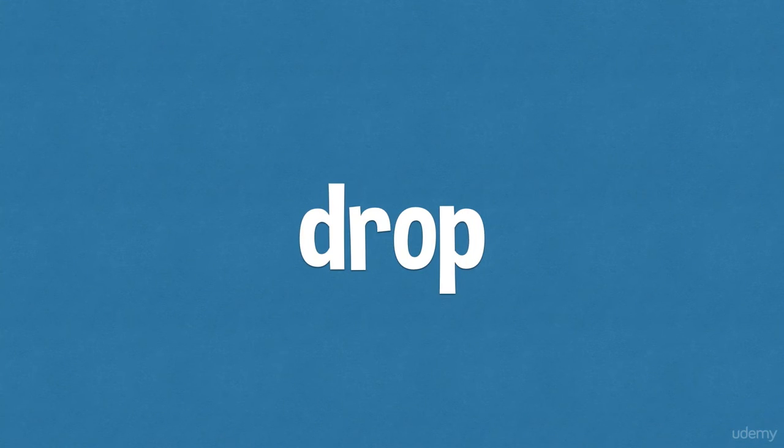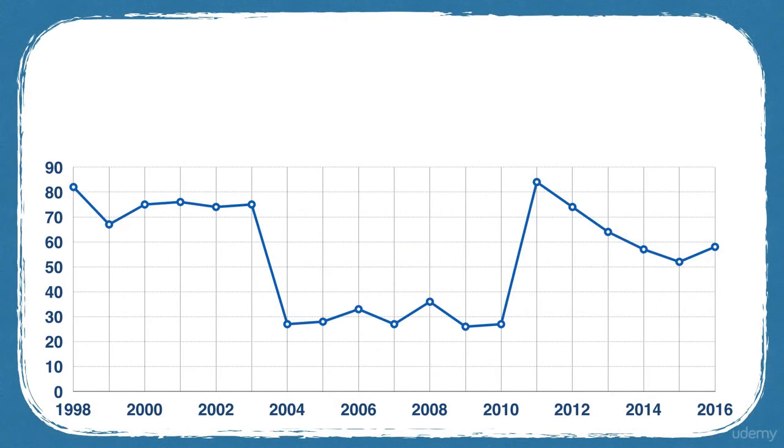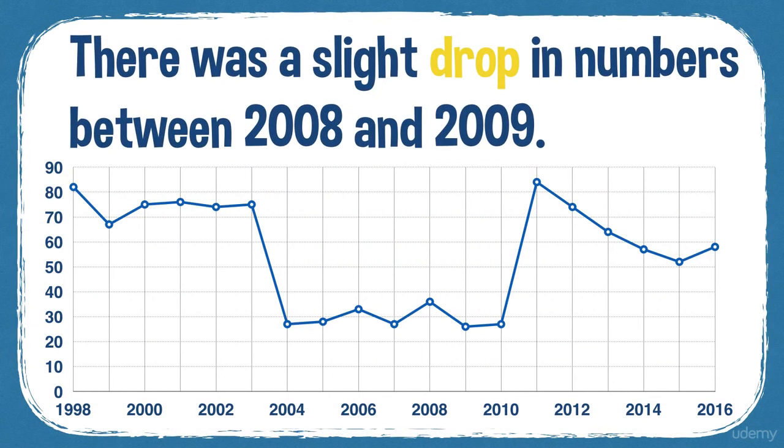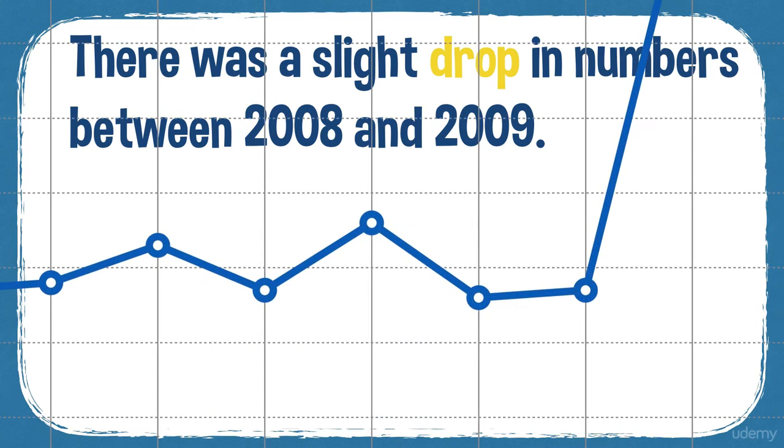Your next word is drop. This is another general word for downward trends. It's a very general word, in fact, but useful for small, kind of uninteresting decreases, nothing exciting. So there was a slight drop in numbers between 2008 and 2009.